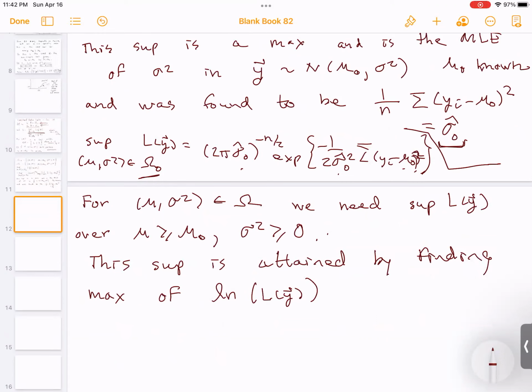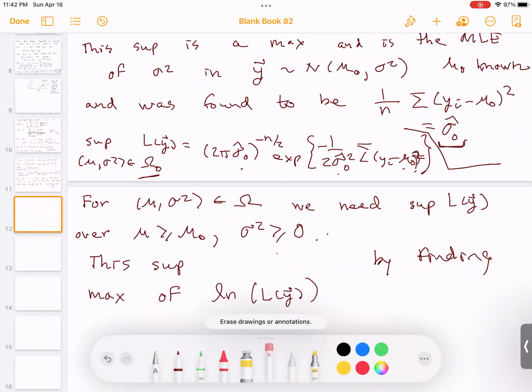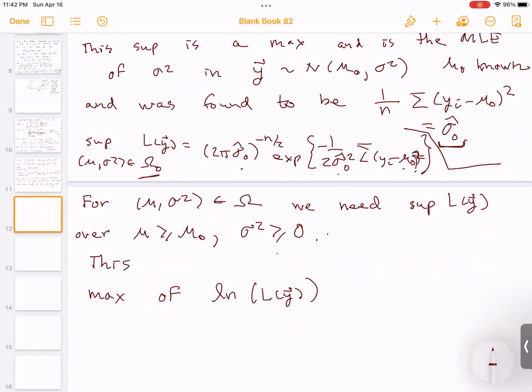The sup of, yeah, so let's fix it. Or even the max. There we go. We'll make it better. This max of L of y is attained at the same mu, sigma squared as the max of the log of it. Okay, just what we expect.